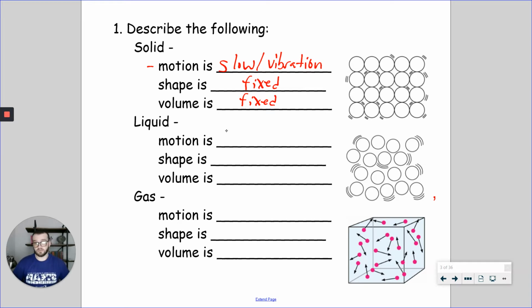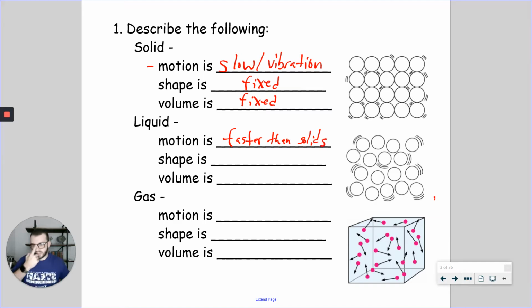That's solids. Let's look at liquids. The motion is, well, I don't know about you, but looking at this liquid versus this solid, liquids move faster than solids.